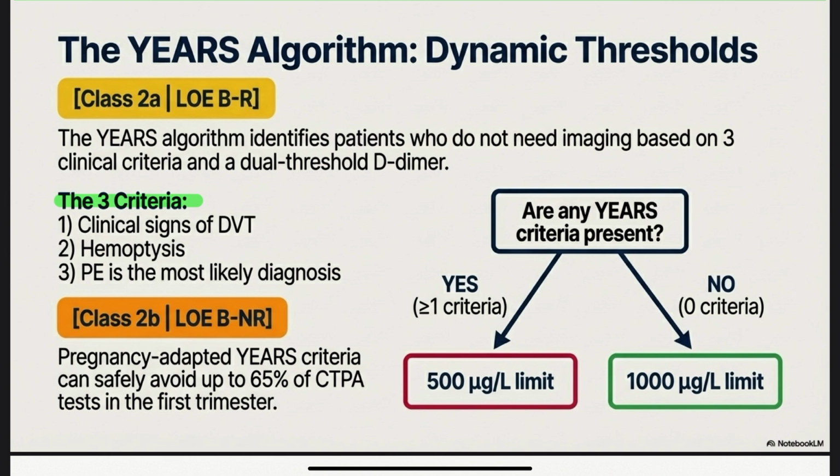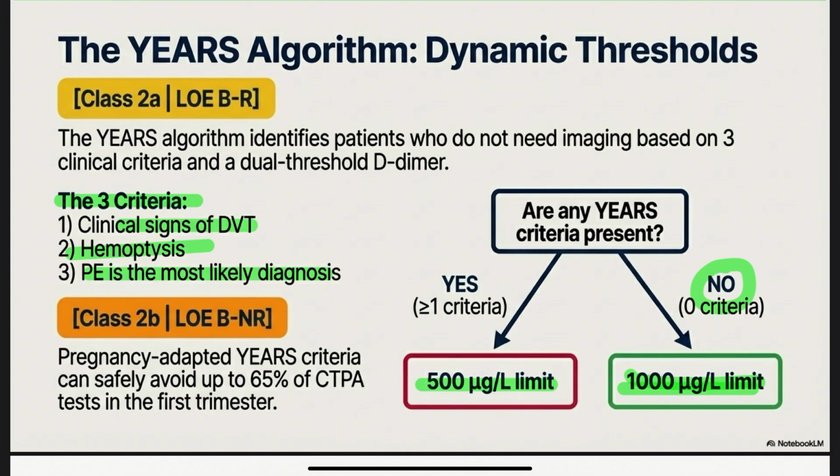That is, clinical signs of DVT present or not. That includes unilateral limb swelling, unilateral leg pain, calf tenderness, all those signs being positive like Homan sign, and hemoptysis is a new sign. And pulmonary embolism is the most likely diagnosis with symptoms of pulmonary embolism. So if any one is present, you will take a cutoff of 1000 for the D-dimer. If none, you will take 500 as the cutoff for D-dimer.